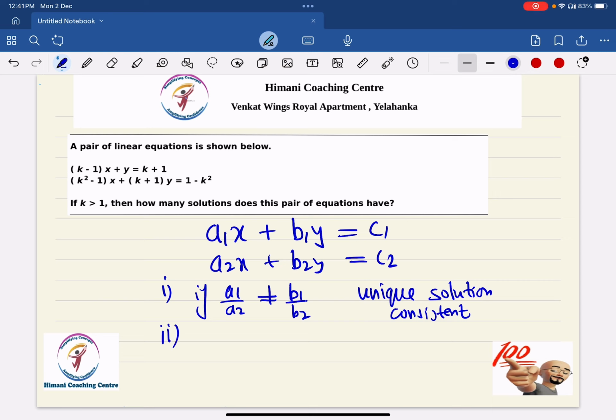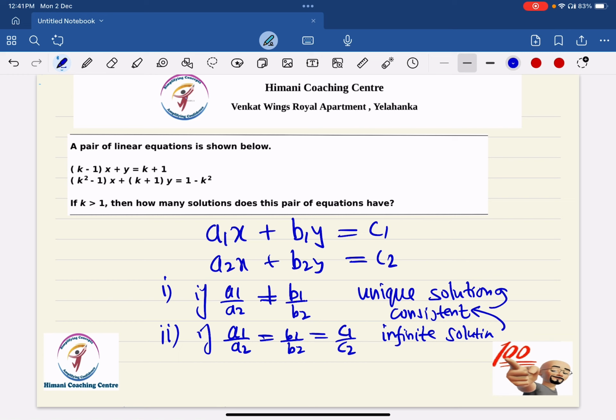For the second condition, if a1 over a2 equals b1 over b2, which is also equal to c1 by c2, then there are infinite solutions. Let me correct the spelling of infinite. So there are infinite solutions. Again, the lines are consistent.